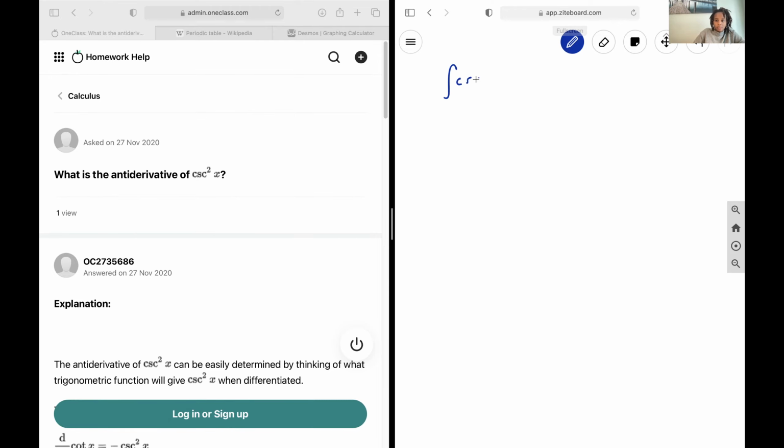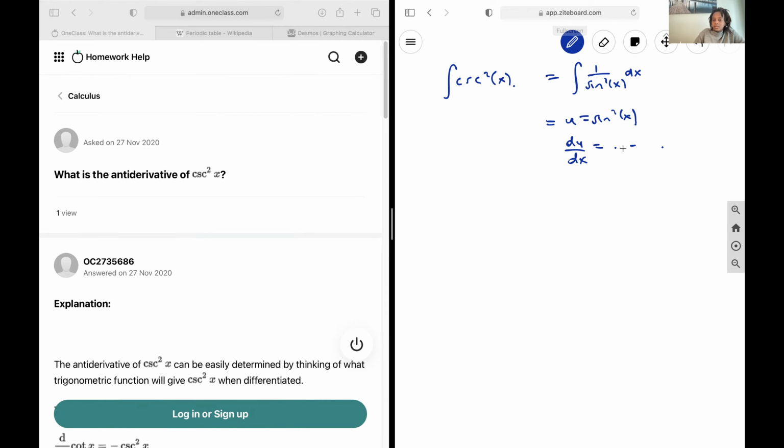But assuming that we don't know that, it would be tempting to choose to try and use substitution and write out the fact that this is equal to the integral of 1 over sine squared x dx. And then next up, we would want to say that u is equal to sine squared x, and then find the derivative and continue like that.